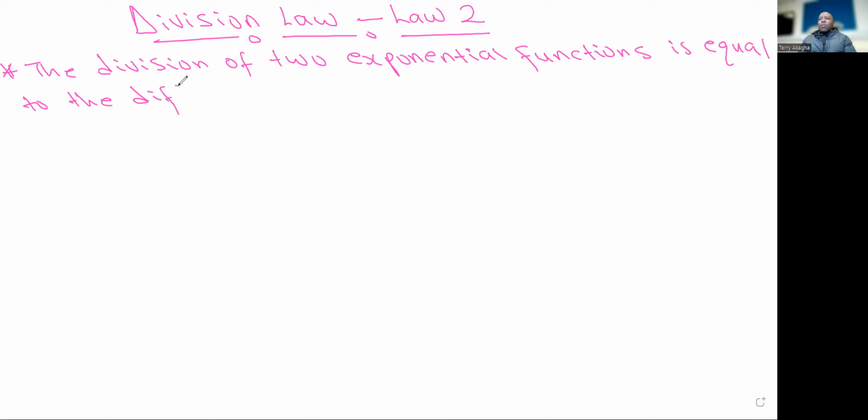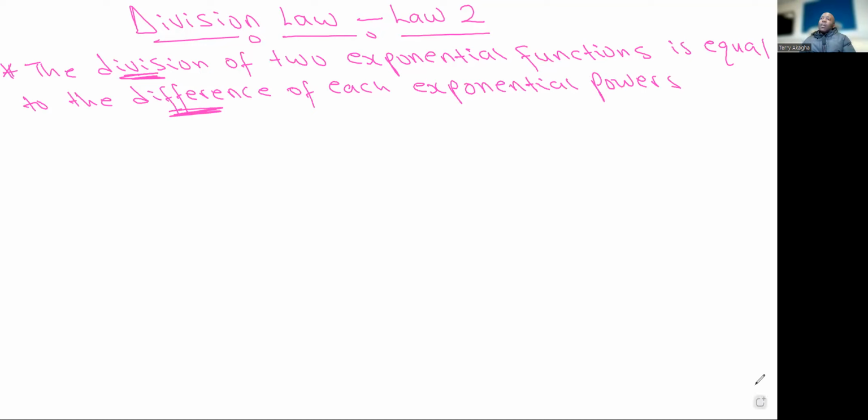So when we say difference, we're referring to subtracting each of the exponential powers. So when you're dividing, you're going to subtract.